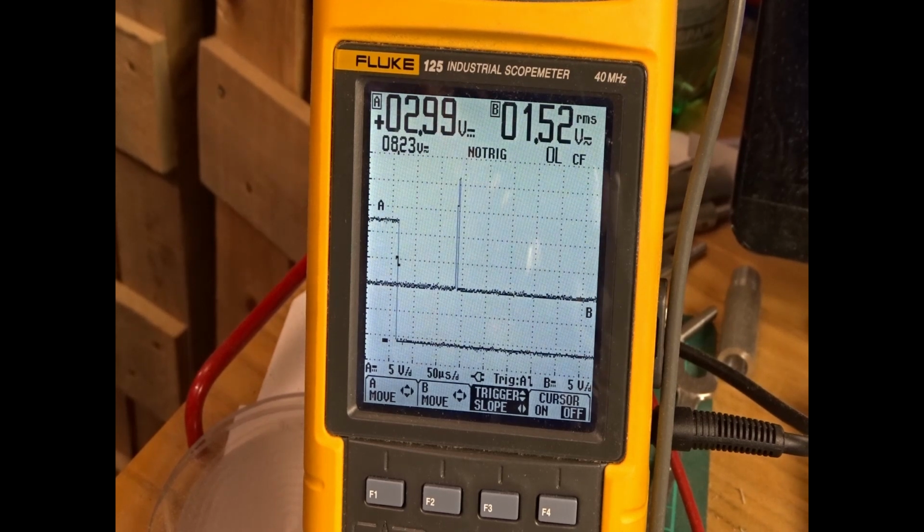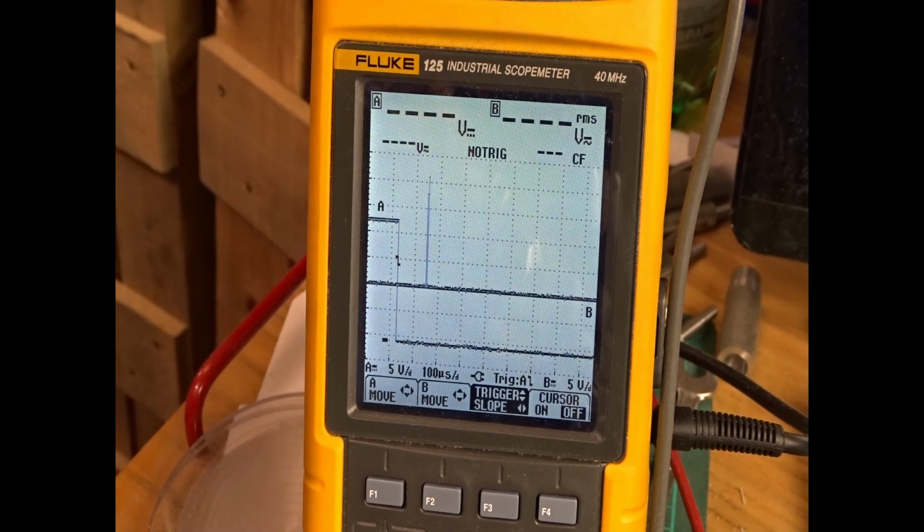That's at 50 microseconds per division. We get 100. So that's 120 microseconds, it doesn't change. And if I make that faster, it may be possible.